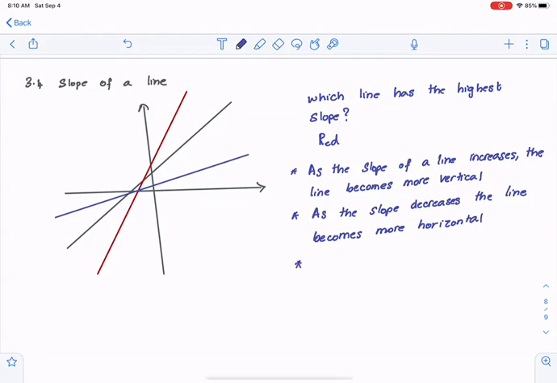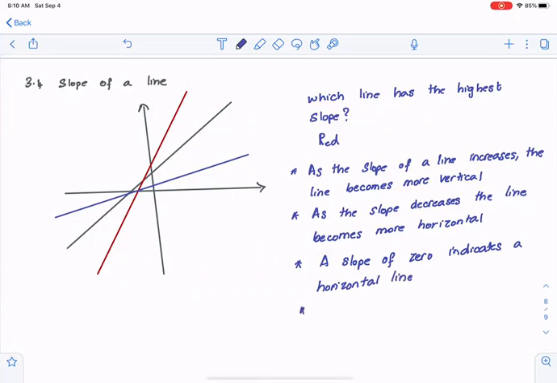And going back to the ladder case, if I take a ladder and lay it flat on the ground, then that ladder has no slope at all. So a slope of 0 indicates a horizontal line.